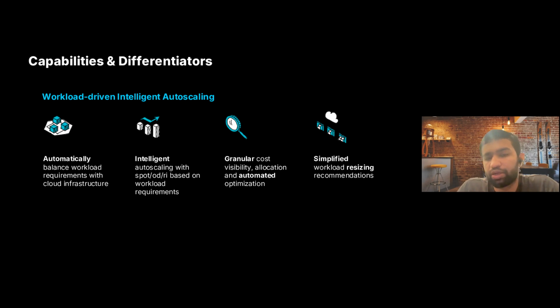And another important capability which it offers is workload resizing recommendations. As you know, in Kubernetes, resource resizing is a big problem. A lot of the resources or workloads which are pushed in Kubernetes are not exactly based on demand.